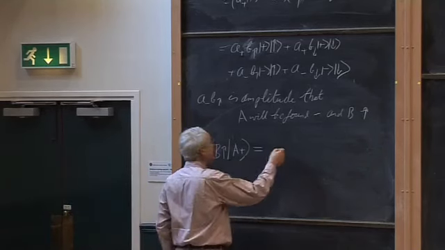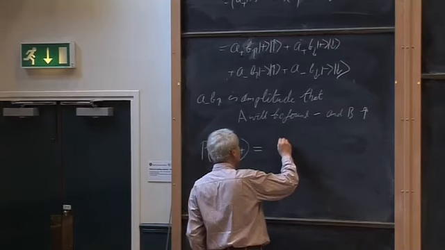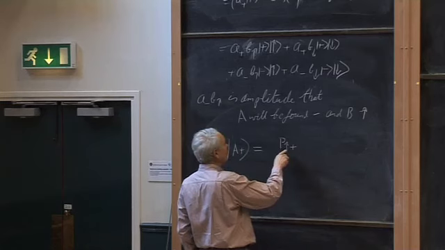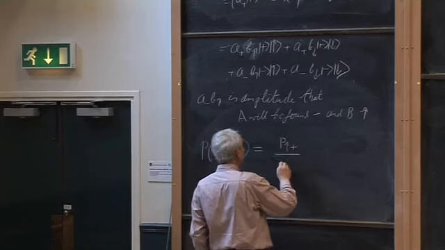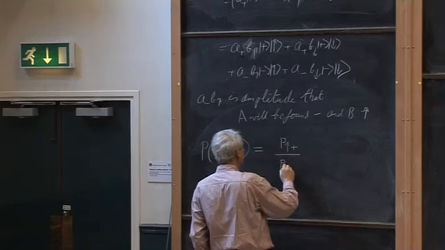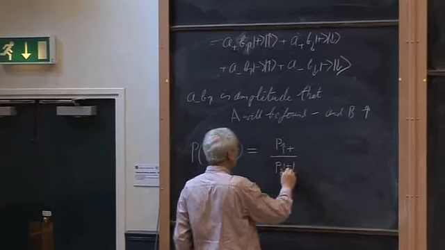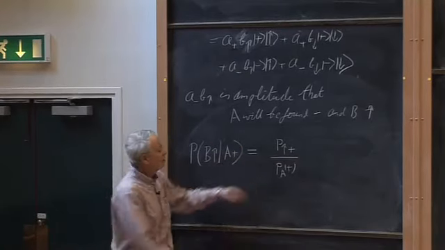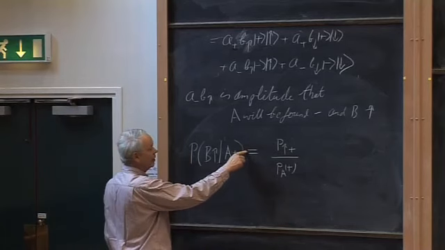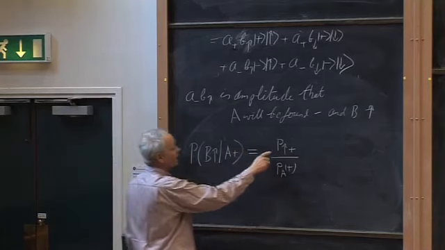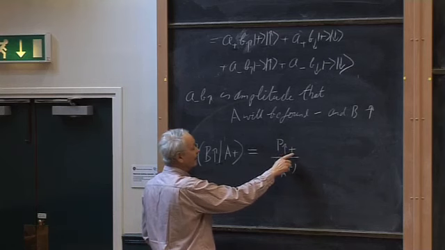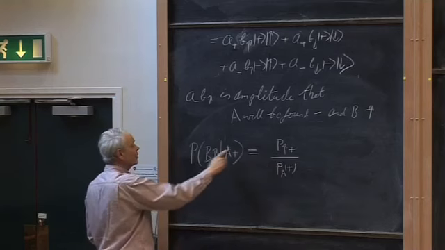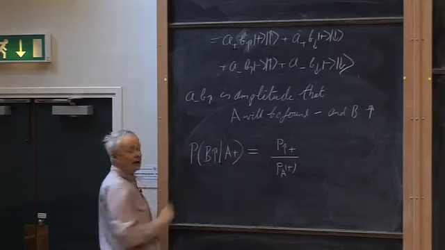Well, this is equal to the probability of being up and plus, over the probability that A is plus. Now why is that? If I move this here, then this would say that the probability of being up and plus is the probability of being plus times the probability that we get up given that we have plus.